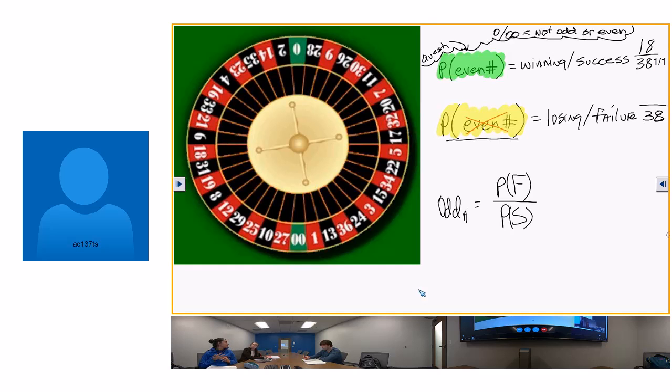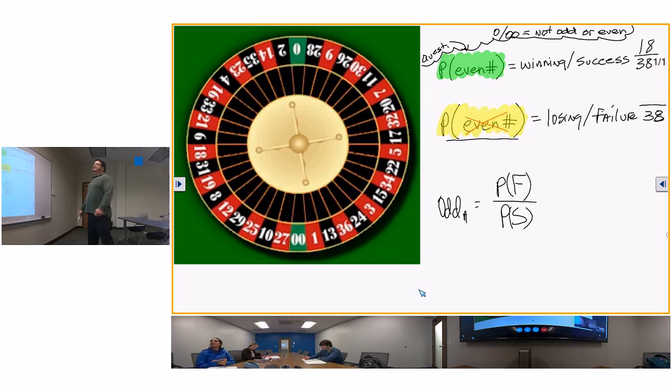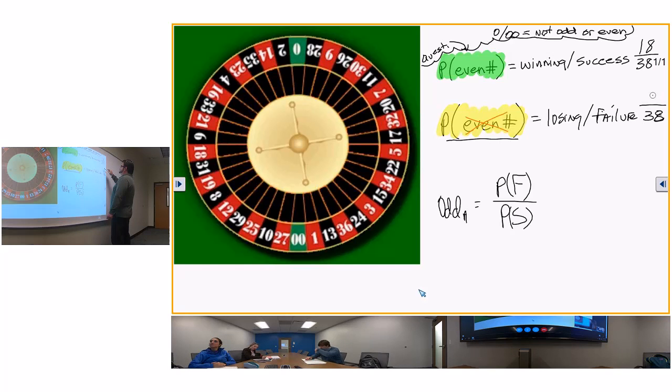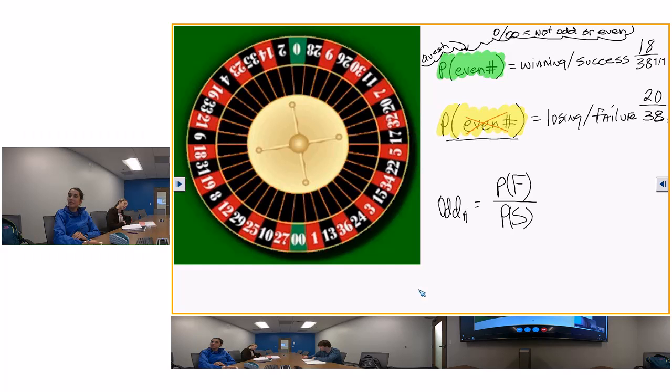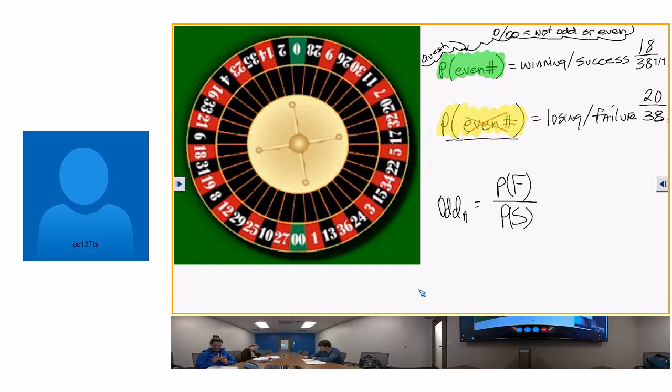So there's 18 even numbers. Therefore, there are 20 not even numbers. What's 20 plus 18? 38. So if you have 18 that are even, the rest of the slots are not even.